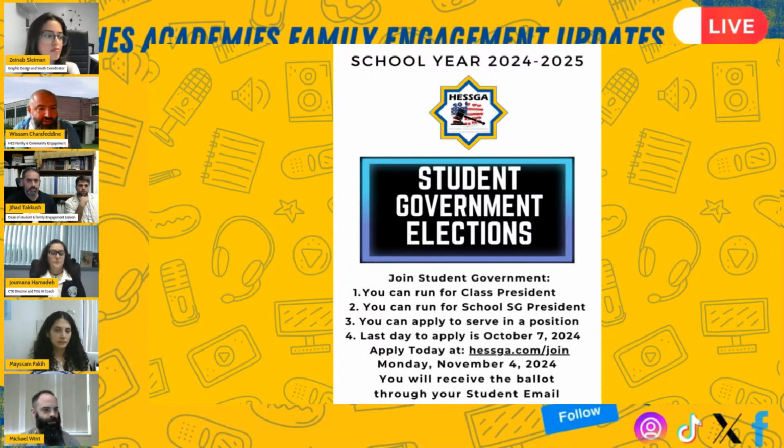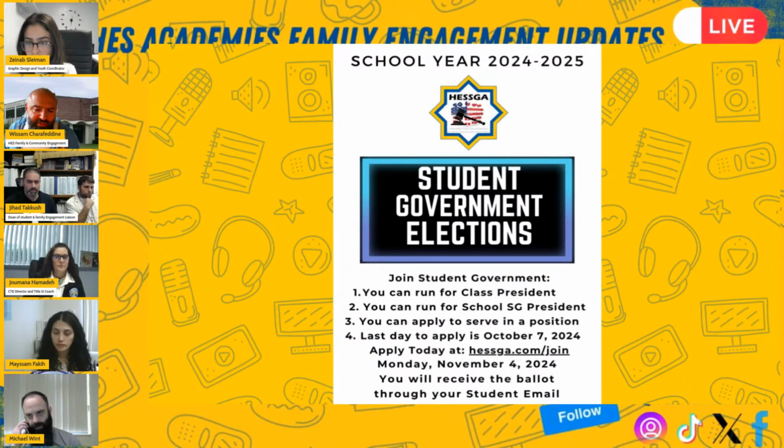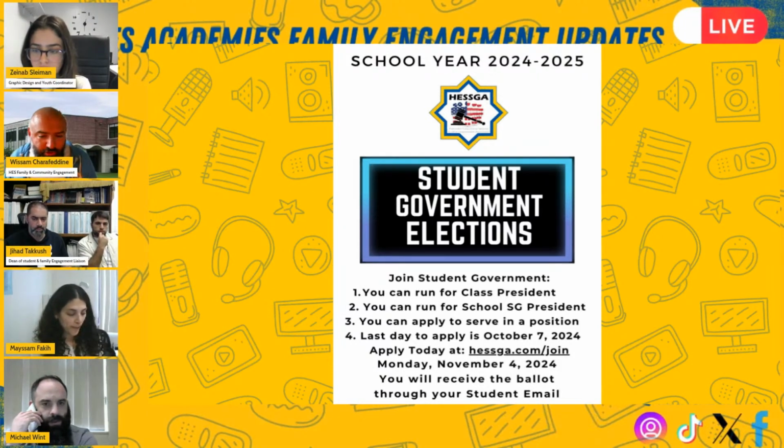You'll start seeing signs around the school where these candidates are promoting themselves for your vote. They're explaining to you why you should vote for them. So please pay attention to these, so you can vote with an informed decision, practice democracy in the school, and ensure that the right person is representing your voice in the elections.